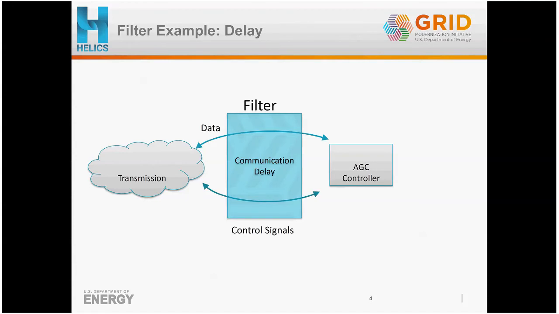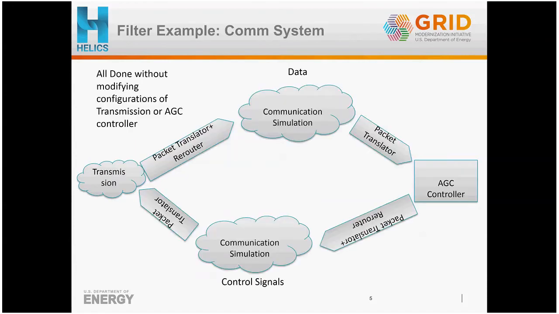Now, if we want to do something a little more complicated, say we have a full communication simulation in the system, and what we want to do is have a packet translation that translates the message into a packet that the communication network can understand.